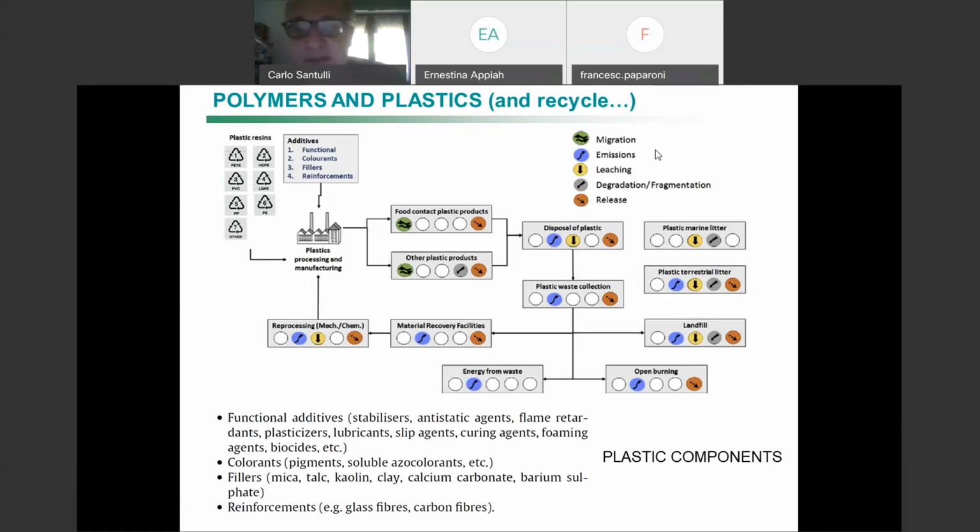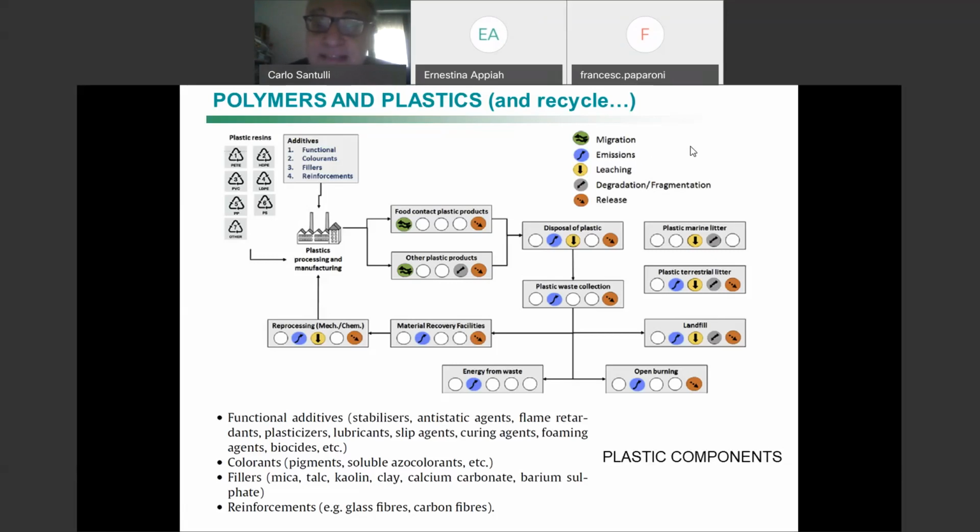Here, what is shown is the table that indicates the possibility of end of life treatment of plastics in some way. We would like to avoid landfilling plastic. You see at the right.